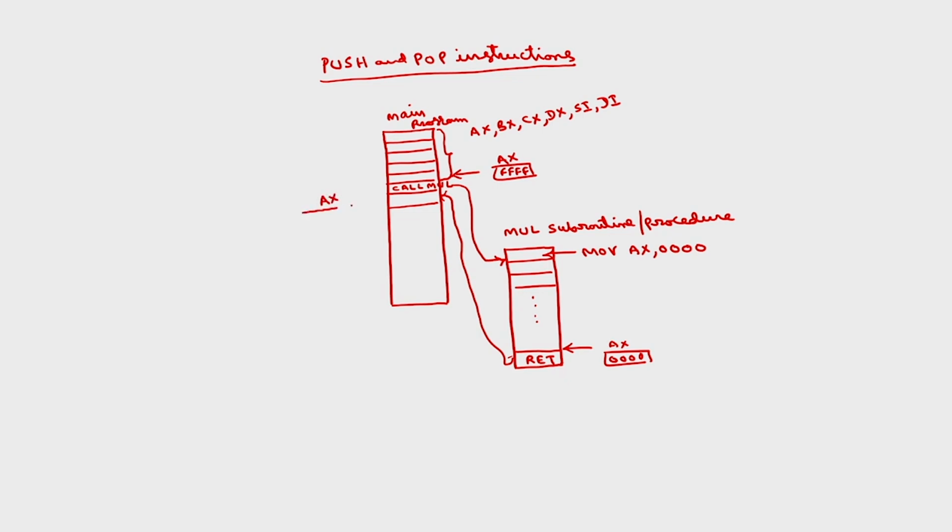The old contents will be lost, and the new contents will be 0000. This will affect the main program, because I expect AX to be FF. But in the subroutine I am using the same AX register because I do not have any other option. I have to use only these registers to write any program, whether it is a main program or a subroutine.